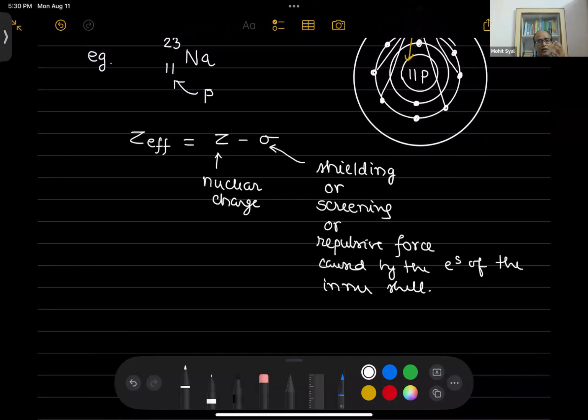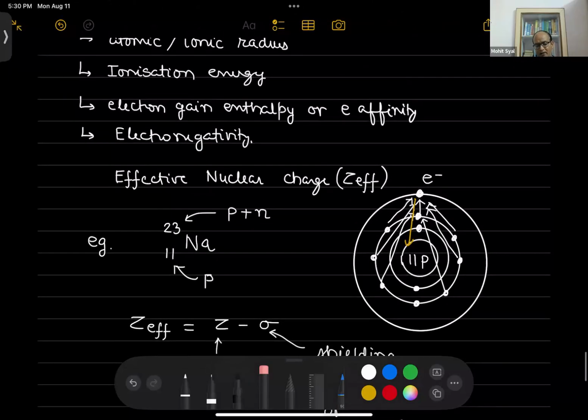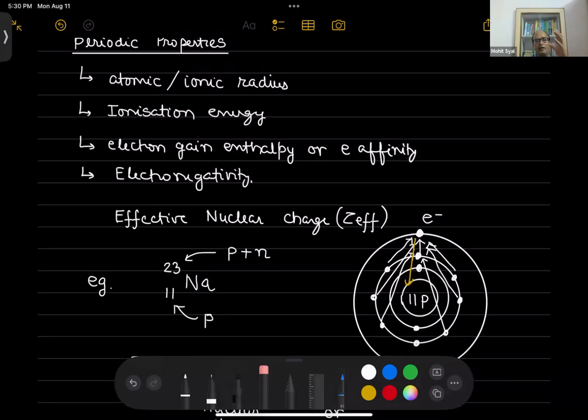So basically, you should not consider only the total protons, but you should also consider the inner electrons in order to decide the periodic properties, or the variation of the properties of various elements. You need to consider effective nuclear charge because that is the actual force of attraction felt by the outermost electron.